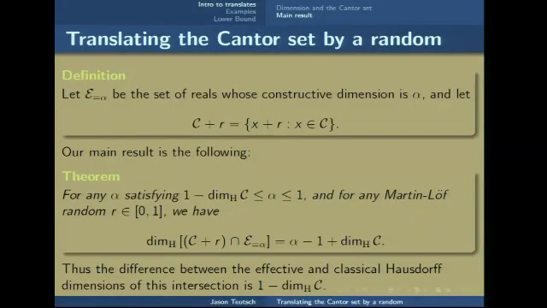So this gives an example of a class of sets, as you change the parameter alpha, where the difference between the effective and classical Hausdorff dimensions is exactly 1 minus the dimension of the Cantor set, 1 minus log 2 over log 3.